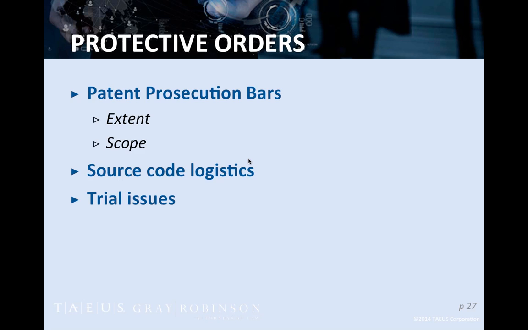The last bullet point on this slide is just what happens at trial. Everything we've talked about previously is usually taking place during discovery when everything can be maintained confidentially. But when it comes time for trial, courtrooms are generally open forums for the public to come and see, and that butts up against these confidentiality concerns. Now, courtrooms can be closed to protect trade secrets, but usually judges don't like to do that.